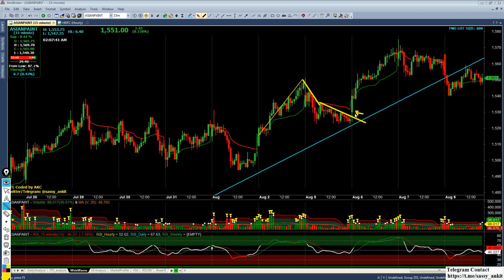Unfortunately, here we do not have any retest, but since the high is getting broken and price is holding up, you may look for your entry somewhere here with the target equal to this particular move. This much and this much should be your target. Okay, so let's move ahead.